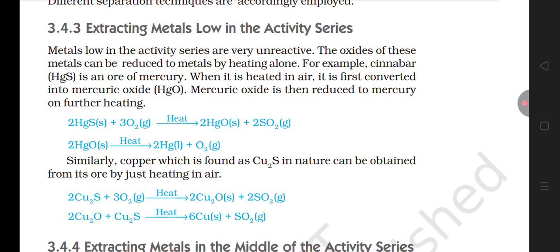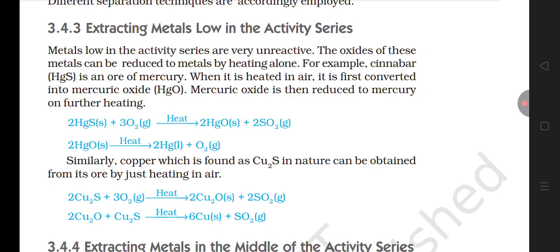Next, similarly, copper, which is found as Cu2S in nature, can be obtained from its ore just by heating in air. Cu2S and 3O2, when we heat it, we get 2Cu2O and 2SO2.